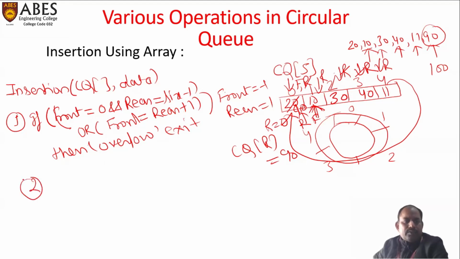In the second case, we have to check if the array is full. The array is full means the rear is at the fourth location and before that index 0 is vacant. In that case, we have to set the value of rear from size minus 1 to 0.